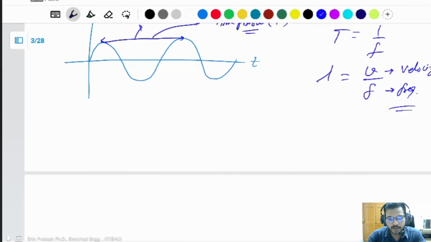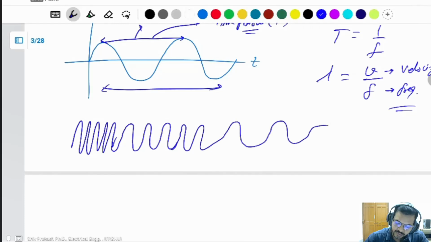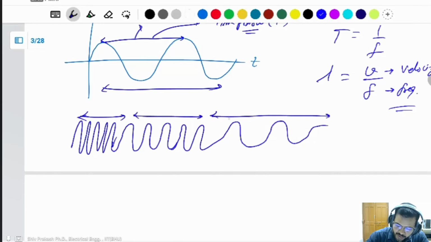The power will be converted from PV to electrical energy only within the visible wavelength range. It will depend on the wavelength. If you increase like that, then some is the normal wavelength, then this will be the high frequency. From here to here, this will be the visible frequency, this will be the very low frequency.